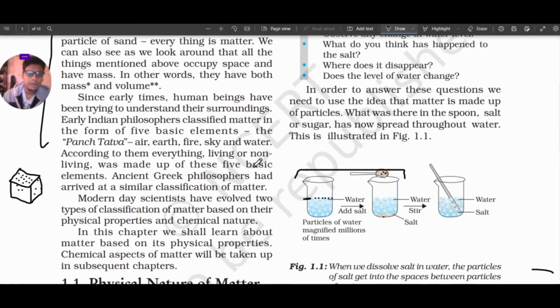There is a spoon which has some sugar or salt, and we are dissolving it inside the water. Then what we observe is that the water level is slightly above on the surface.